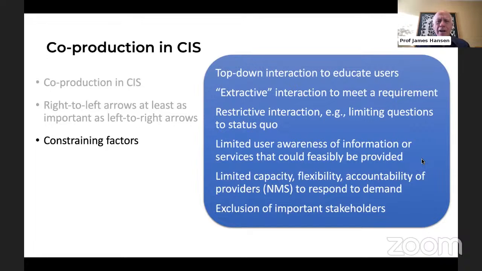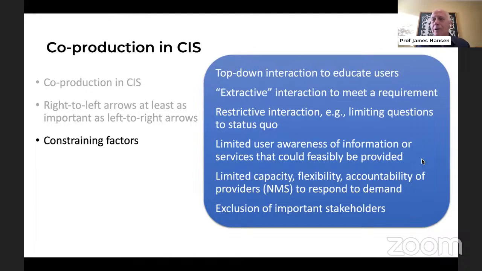So an example, if a National Meteorological Service asks farmers which of the existing products do they find more useful, or which communication channel that the Met Service uses to disseminate information is preferred, this limits answers to existing services.